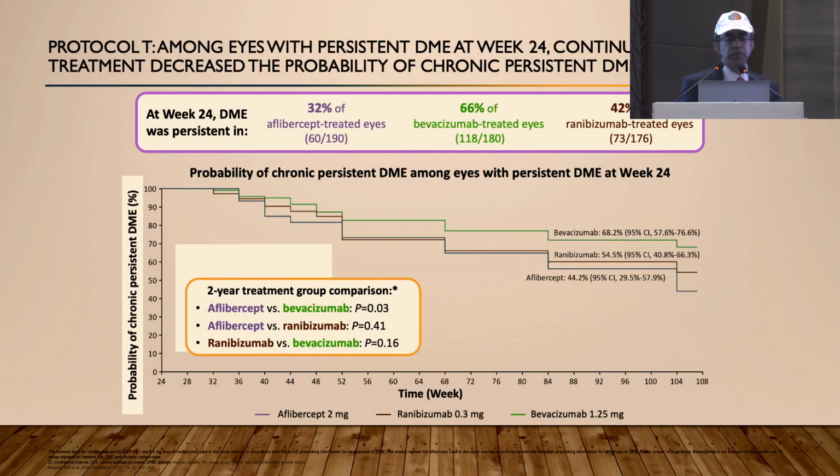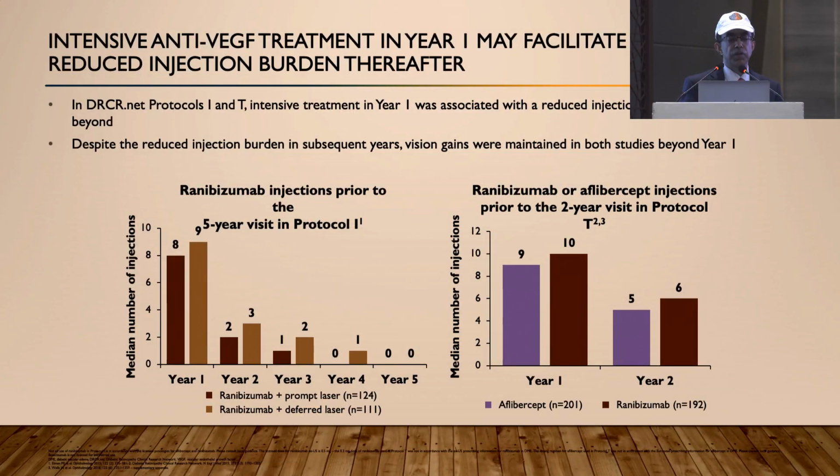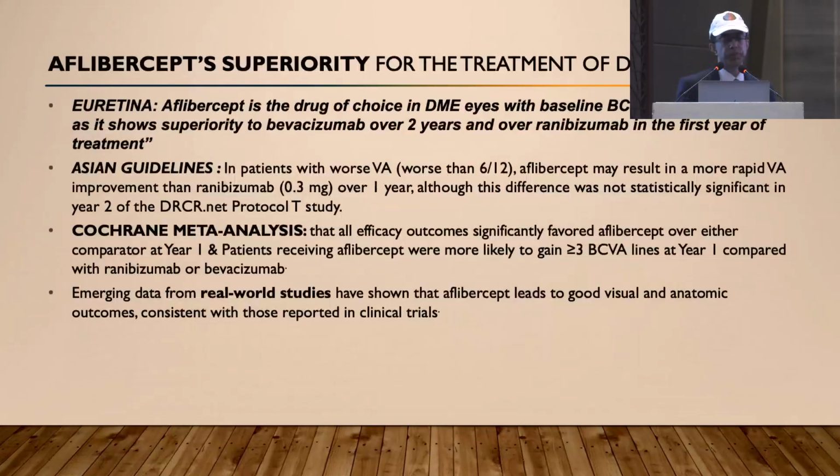So among eyes with persistent DME at week 24, continued anti-VEGF treatment decreased the probability of chronic persistent DME at year 2. So intensive anti-VEGF treatment in year 1 may facilitate a reduced injection burden thereafter. So the basic idea is to hit the DME hard initially, if you want the number of injections to be less in the years to follow.